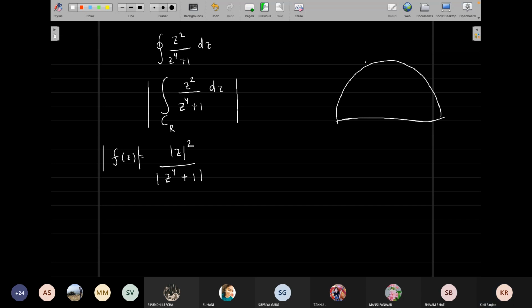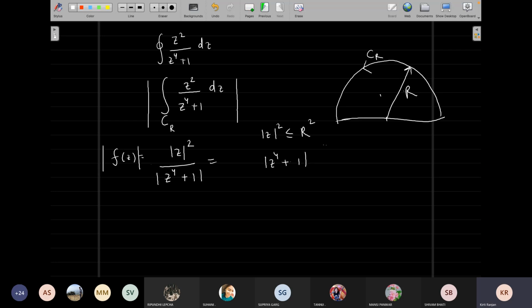C_R means that it has this radius R. So on the contour, mod z square will always be bounded by R square, which is the radius of the outer circle. And what about mod z^4 plus 1?